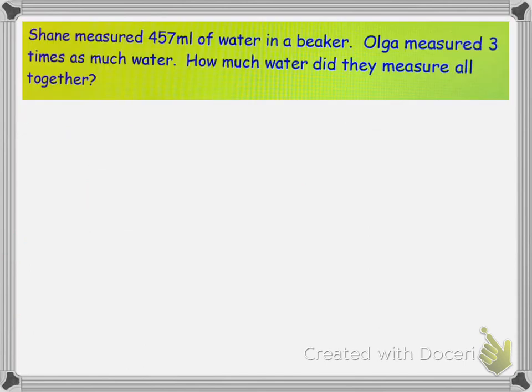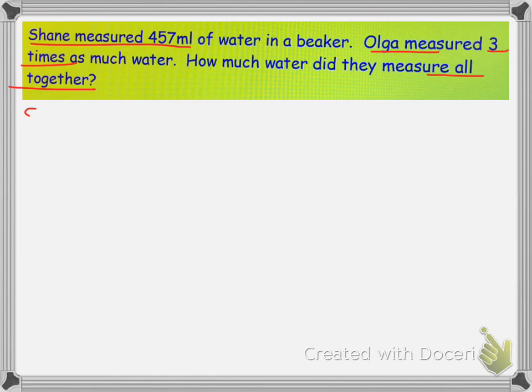Alright, let's finish up with a word problem here. Shane measured 457 milliliters of water in a beaker. Olga measured 3 times as much water. How much water did they measure all together? So I'm noticing they want all together here. We know Shane. We don't know Olga, but she has 3 times as much as Shane.